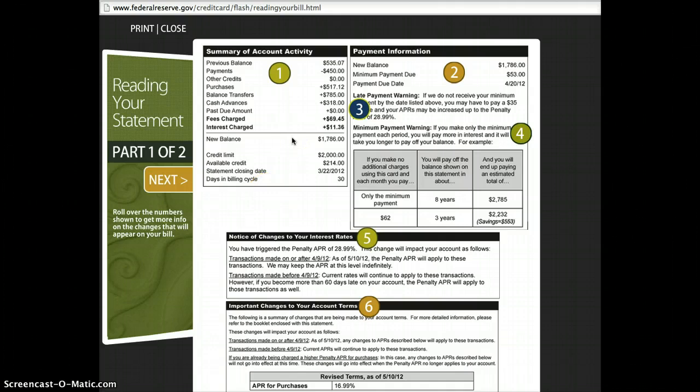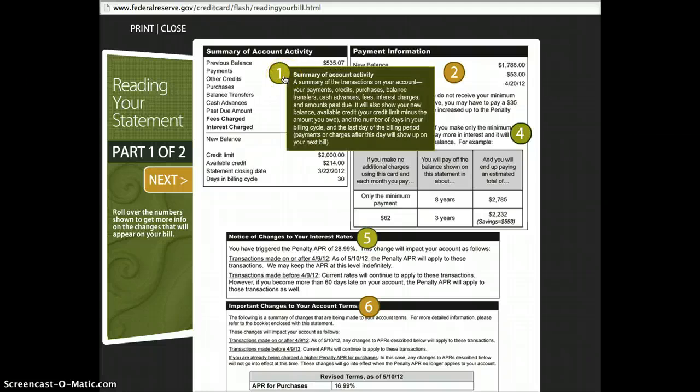The first section I'm going to show you is the summary of account activity. And if you wanted to just see a brief overview of what you spent for the month and the payments that you'd have made, this is where you're going to look. So this is going to show all your payments, if there was a credit, maybe you returned something to a store and they credited that back to your account.